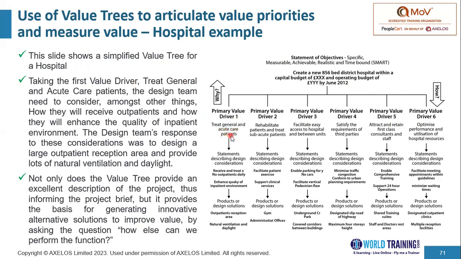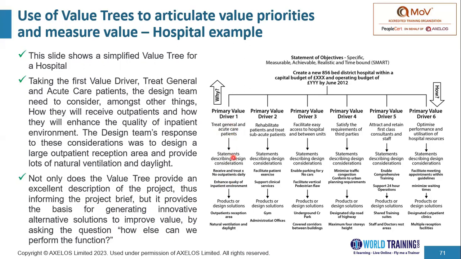Taking this driver, the design team needs to consider, among other things, how they will receive outpatients and how they will enhance the quality of the inpatient environment. These would be the design considerations to cater to this particular value driver.